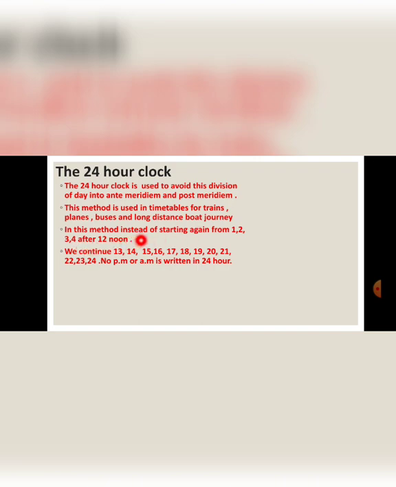In this method, instead of starting from 1, 2, 3, 4 after 12 noon, we continue with 13, 14, 15, 16, 17, 18, 19, 20, 21, 22, 23, 24. No PM or AM is written in the 24-hour clock. As we have seen, from 12 midnight till noon we use 1, 2, 3, 4, 5, 6.